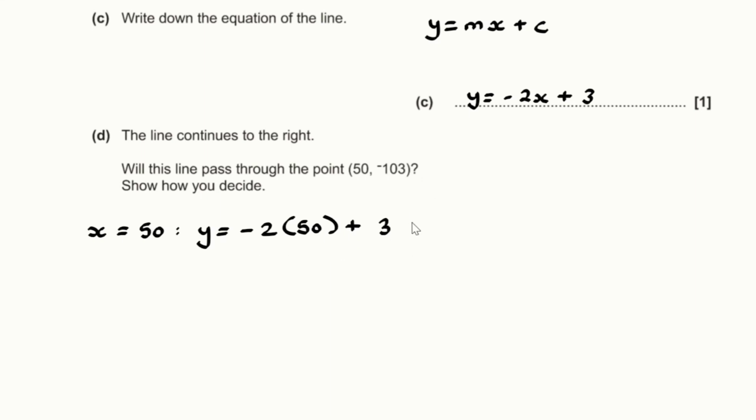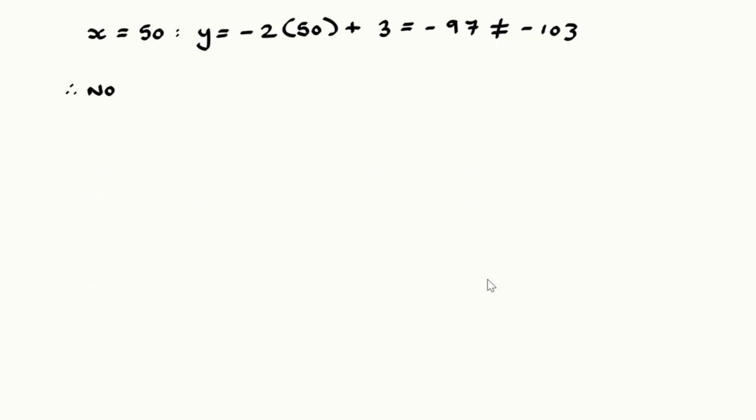Minus 100 plus 3 is -97, which doesn't equal -103. So does it pass through that point? Well, no, it doesn't. So, no, it doesn't pass through the point because -103 doesn't equal -97.